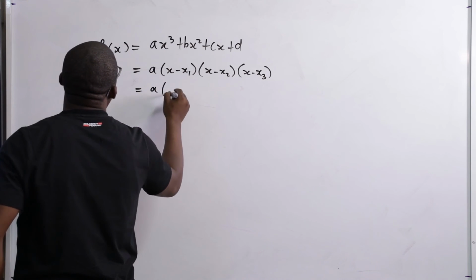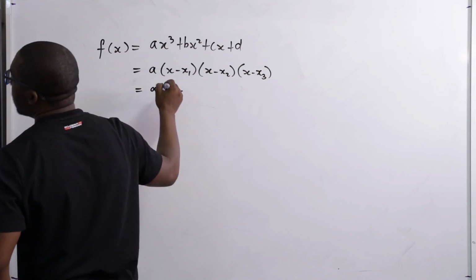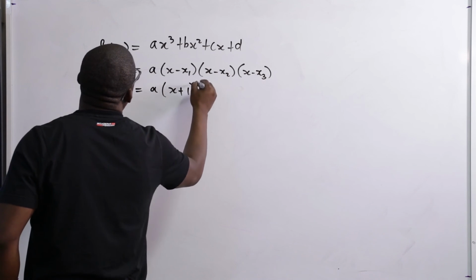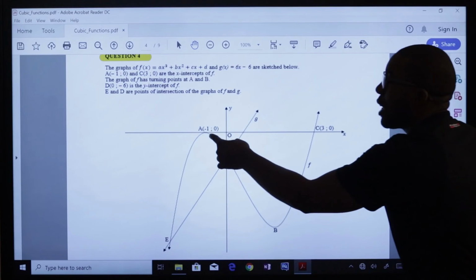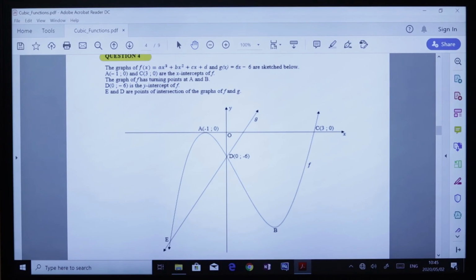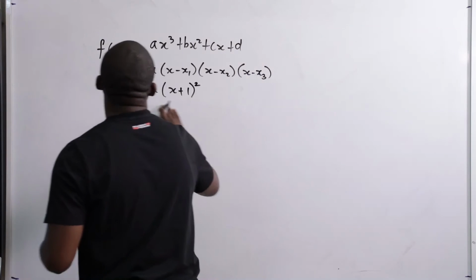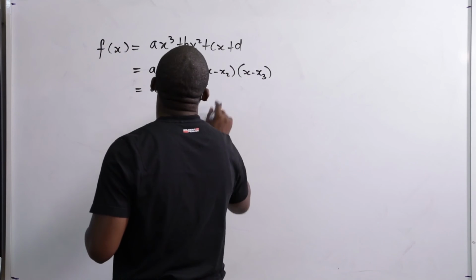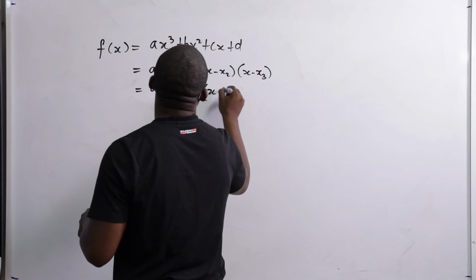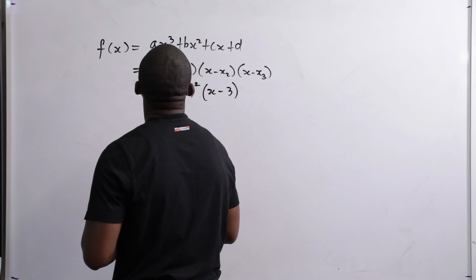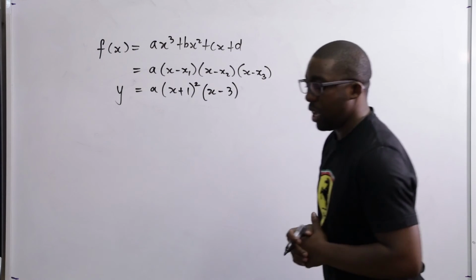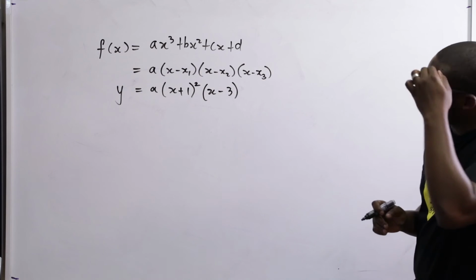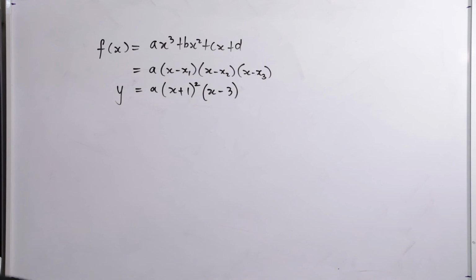This is going to be a times x plus 1 squared, because it's also an x-intercept and a turning point. So this is the version in which you put it as a repeated root. Then the last one would have been x minus 3. So y is equal to a times x plus 1 squared, times x minus 3.